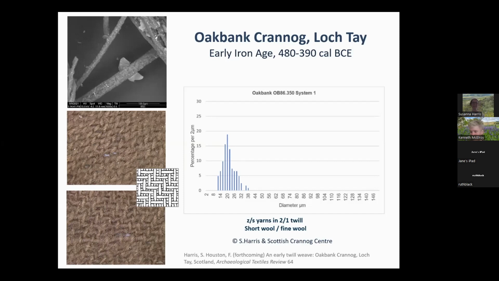Although there aren't many examples to look at in Britain, this is just what we'd expect to see, understanding this more broadly in the European context: with the evolution of the sheep fleece, people have bred that fleece to have a finer texture, to have finer fibres. And this is just what we see being used in that textile.